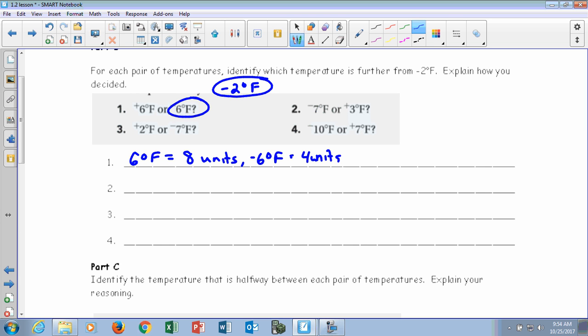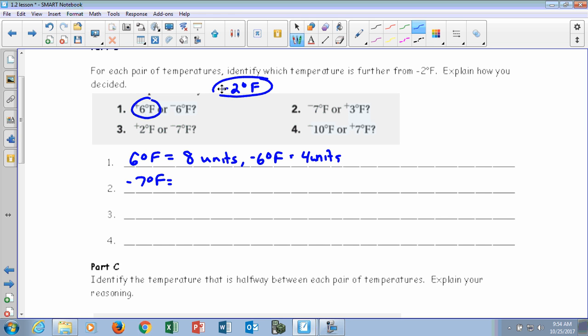So negative 7. Or which is further? I'm sorry. So it should be 6, right? Yeah, 6 is further away, right? Further. All right. So 7 degrees Fahrenheit, negative 7. How far is negative 7 from negative 2?